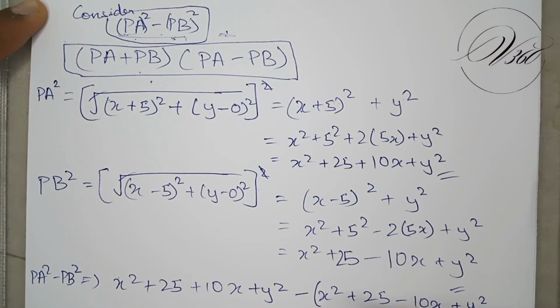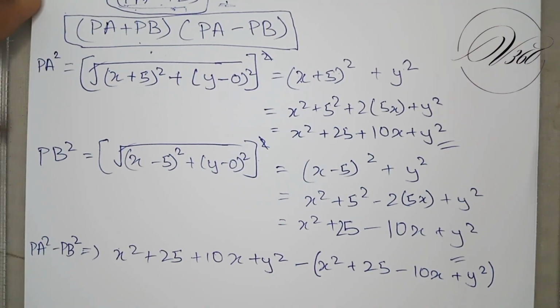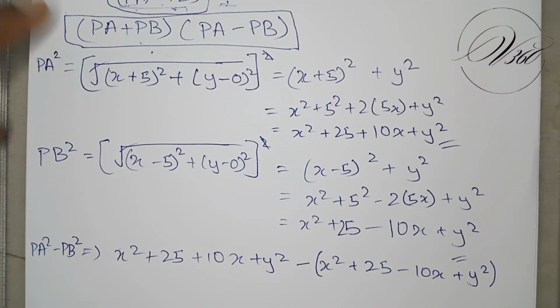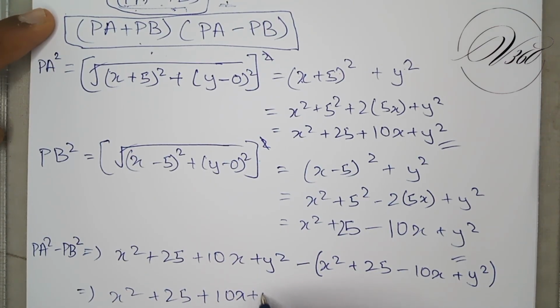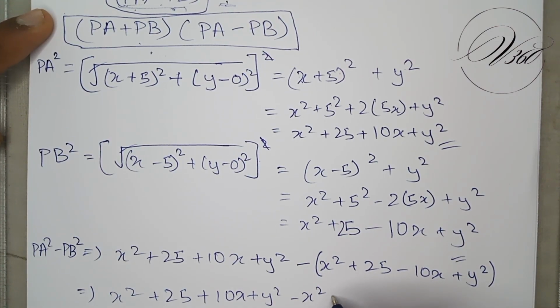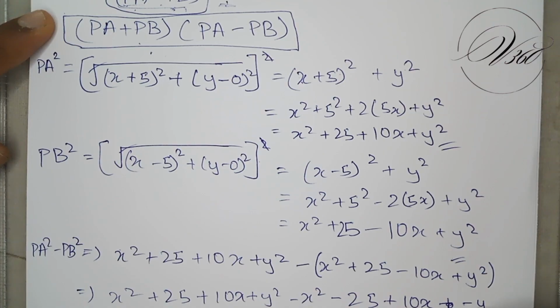Okay, this is in a bracket. Now we will get here x square plus 25 plus 10x plus y square minus x square. We'll multiply this with minus. We'll get here minus 25 plus 10x, again here plus, here we'll get minus y square.